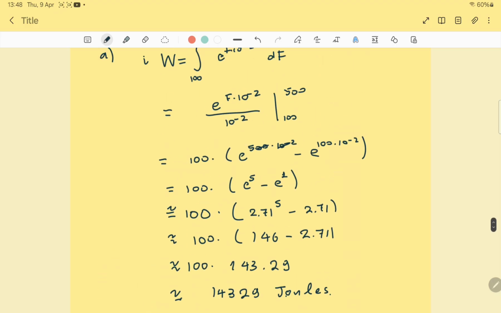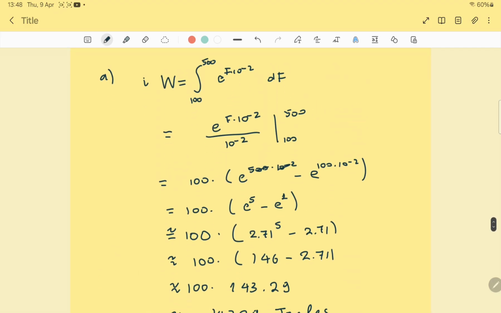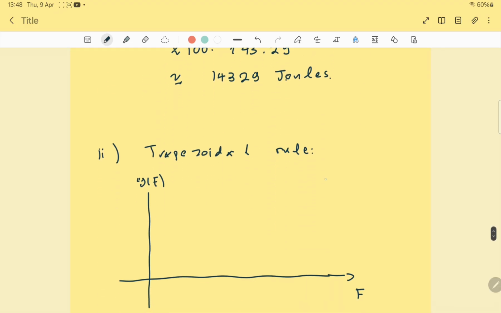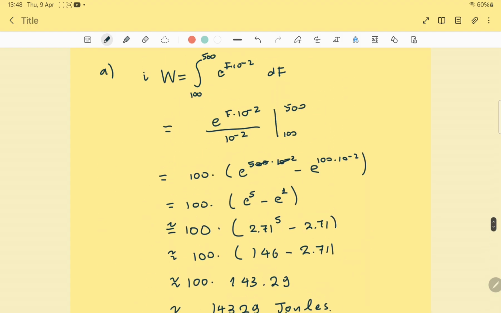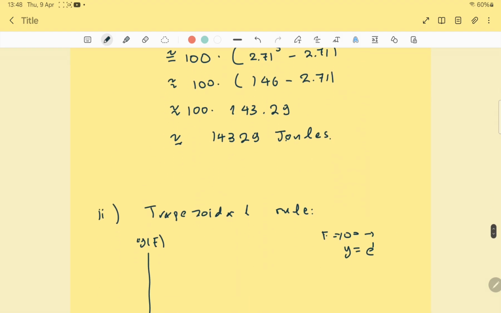Now if I start from 100, for f equals 100, y is going to be e to the power of 100 times 10 to the minus 2. That's going to be just e.